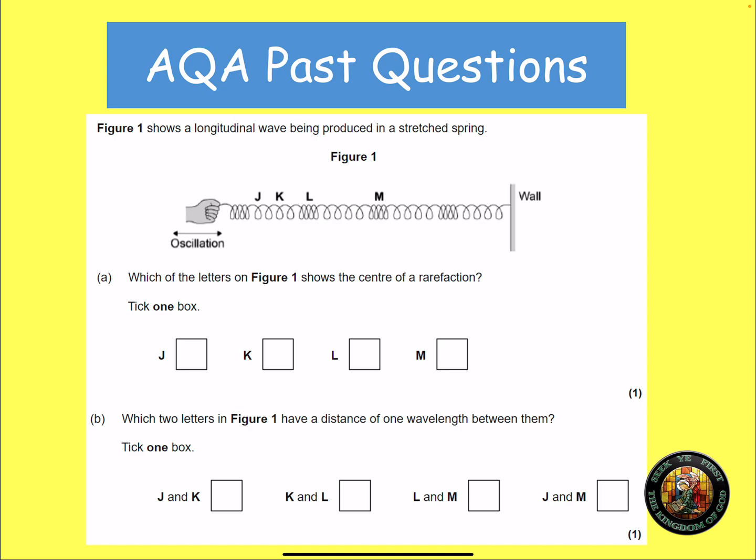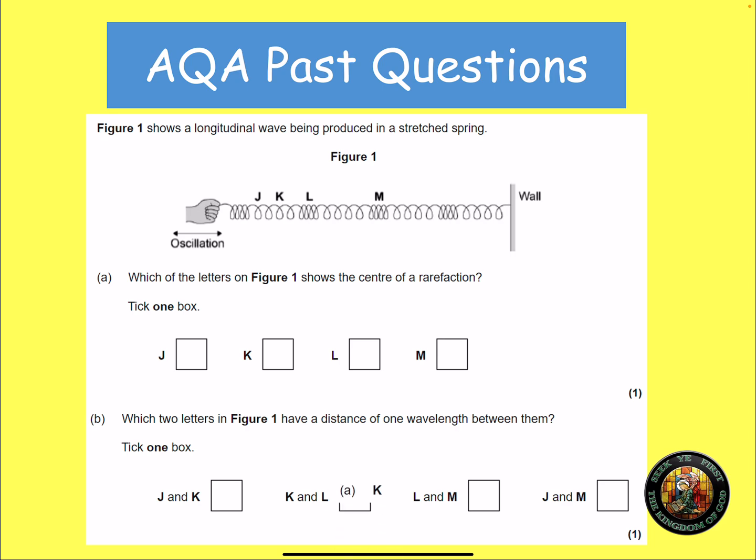Here are some past questions for you. Figure 1 shows a longitudinal wave being produced by a stretching spring. Which of the letters on Figure 1 shows the centre of a rarefaction? And B, which two letters in Figure 1 have a distance of one wavelength between them?